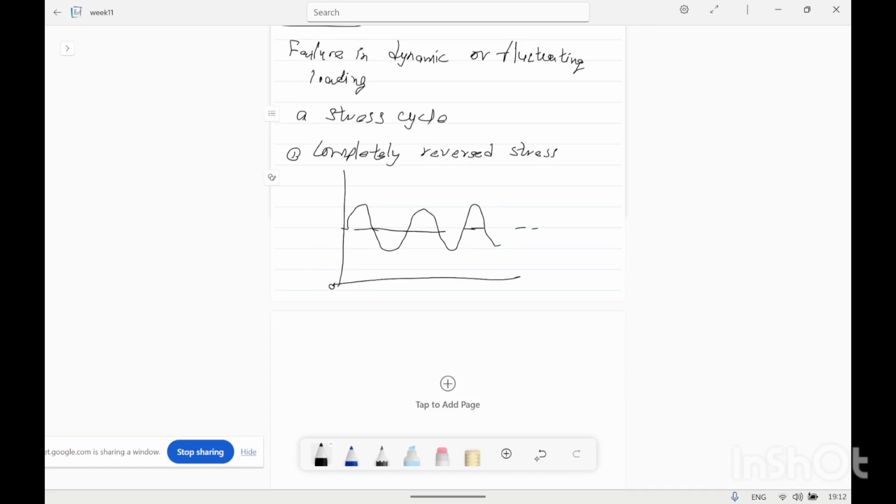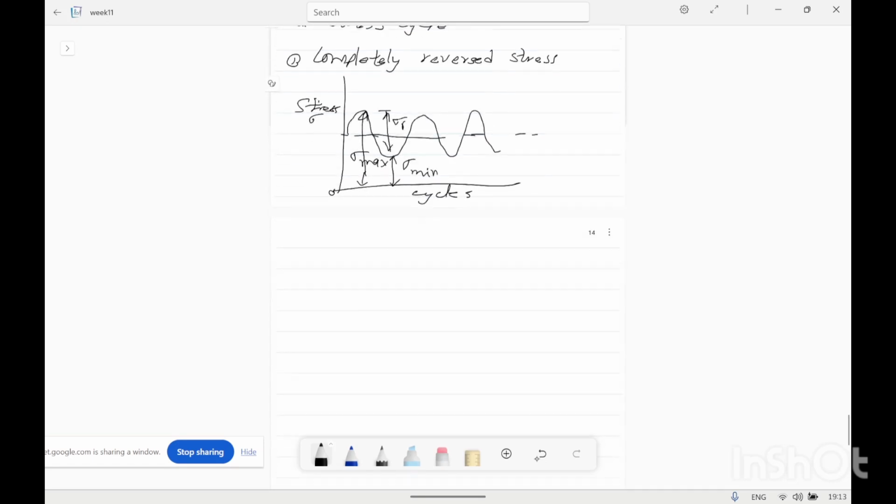So this is 0, this is the number of cycles, and this is stress sigma. This can be written as sigma max, the maximum stress, and this is sigma minimum stress. The difference between these can be written as the stress range, sigma r.